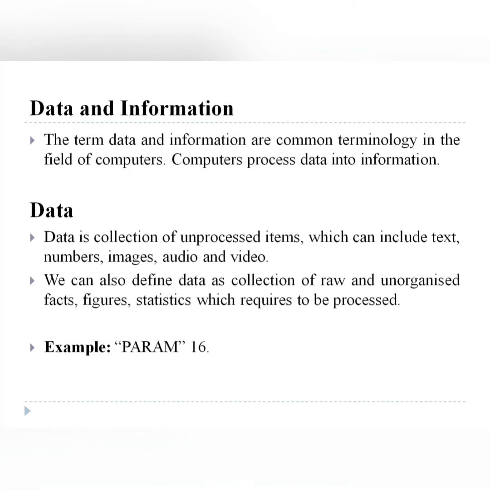Data is a collection of unprocessed items, or we can say that it is a collection of raw facts and figures that can be images, numbers, text, audios or videos.